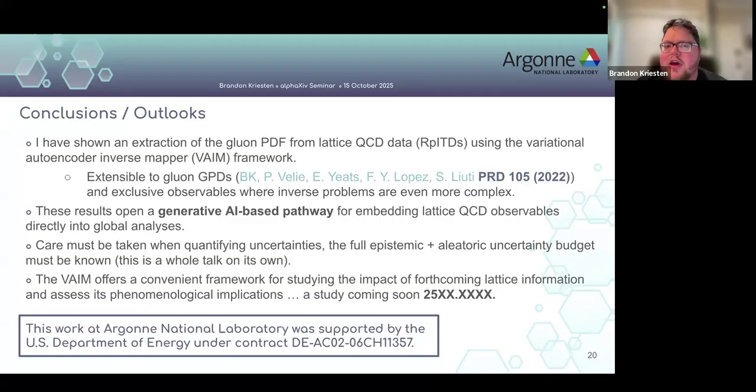This is still a very open discussion in machine learning, quantifying the uncertainty budget, separating aleatoric from epistemic uncertainties. So this is once again a whole talk on its own. And this VAIM framework offers a convenient way for studying lattice information and assessing its implications on phenomenological studies. And this is something that we're currently working on.